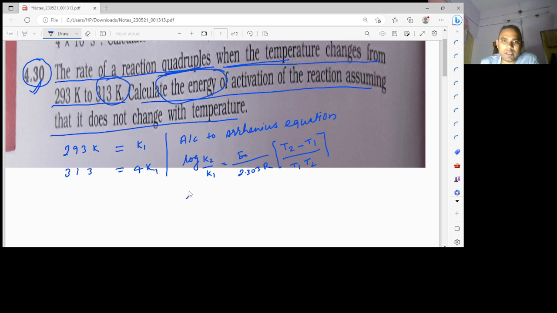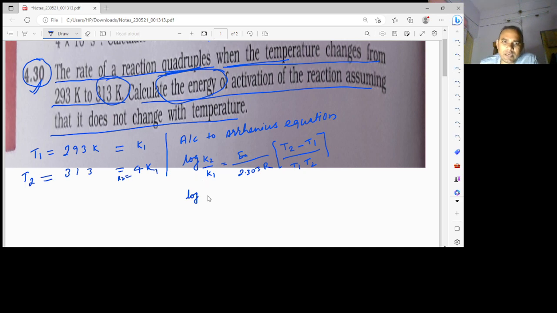Now let's plug in the values. Here I am putting the log K2 value. T2 is this and T1 is this. K1 is K1 only, and K2 is going to be 4K1.